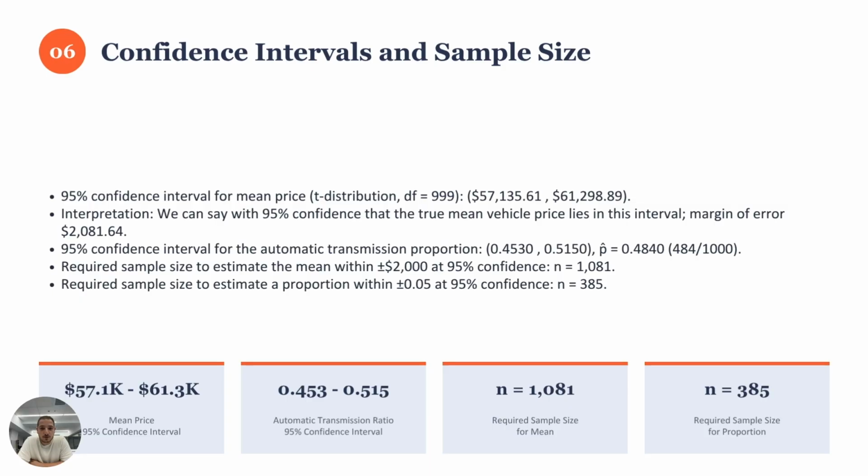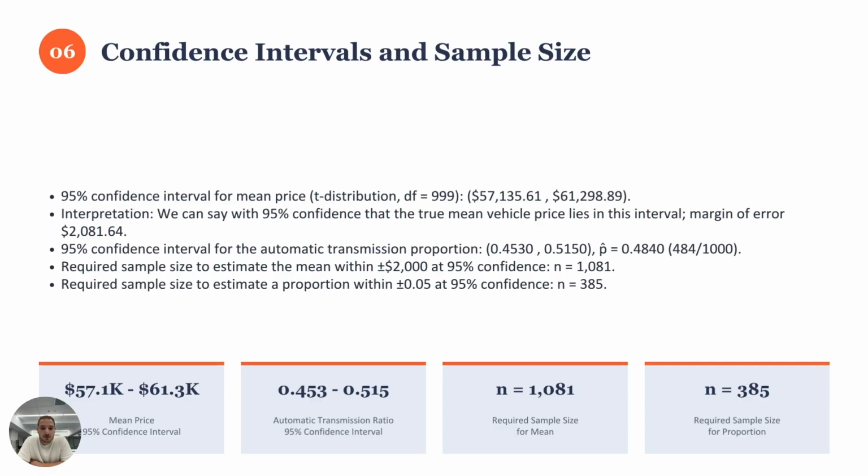Using the t-distribution, the 95% confidence interval for the mean price is $57,135 to $61,298, with a margin of error of about $2,082.